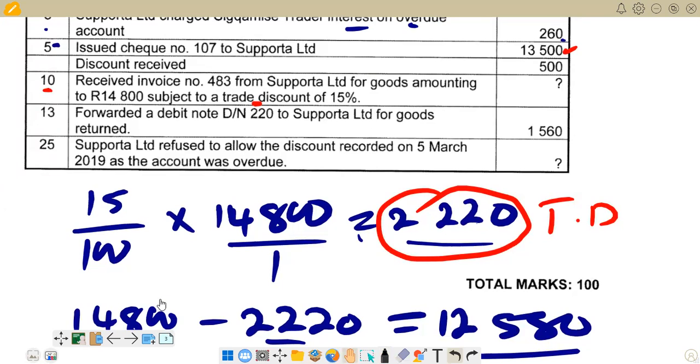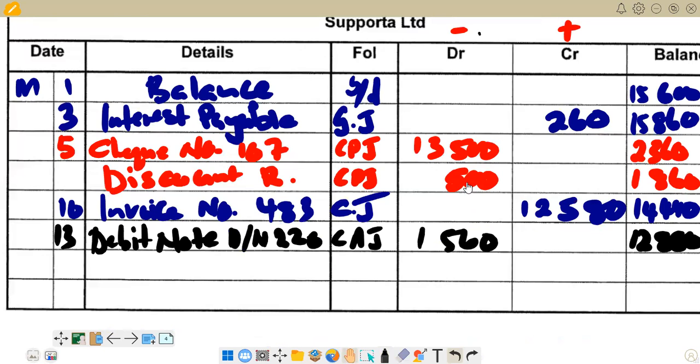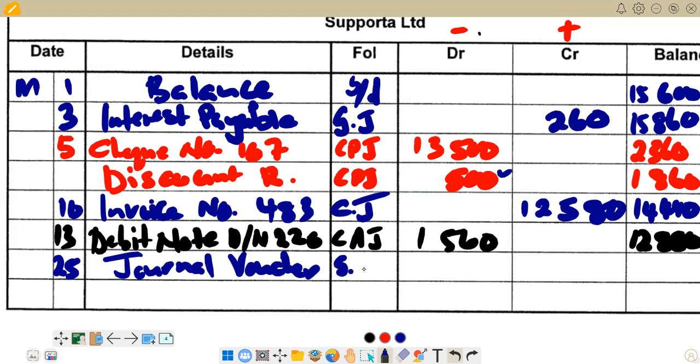Remember, we've got a 500 here. This is the 500 that is being cancelled. So when we are cancelling it, we are going to credit and enter it here on the 25th. We are saying this is a journal voucher. When we are correcting, we issue a journal voucher, take the information from the general journal, and we credit 500.